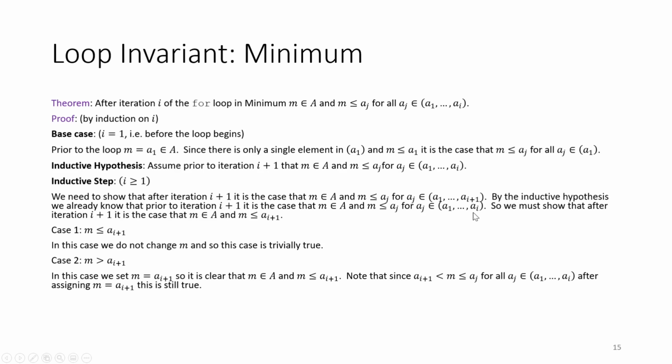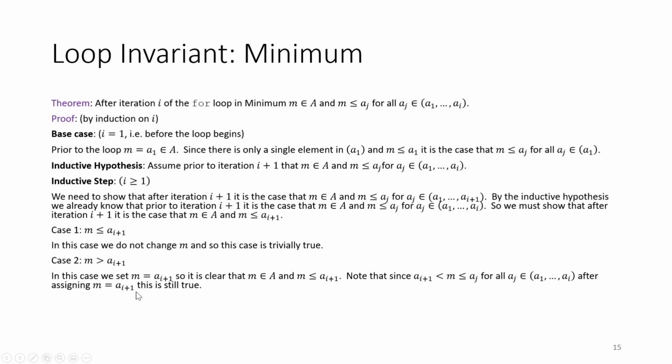Luckily, if we are familiar with how less than or equal to works, since a_(i+1) is less than m, and before, m was less than or equal to all these other ones, a_(i+1) is smaller than that, so it must be smaller than all of these values as well.